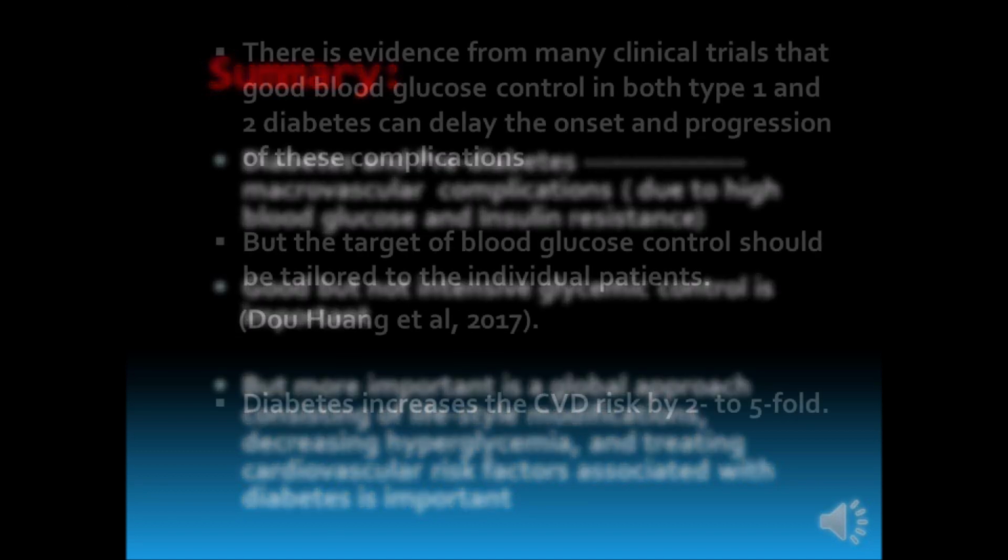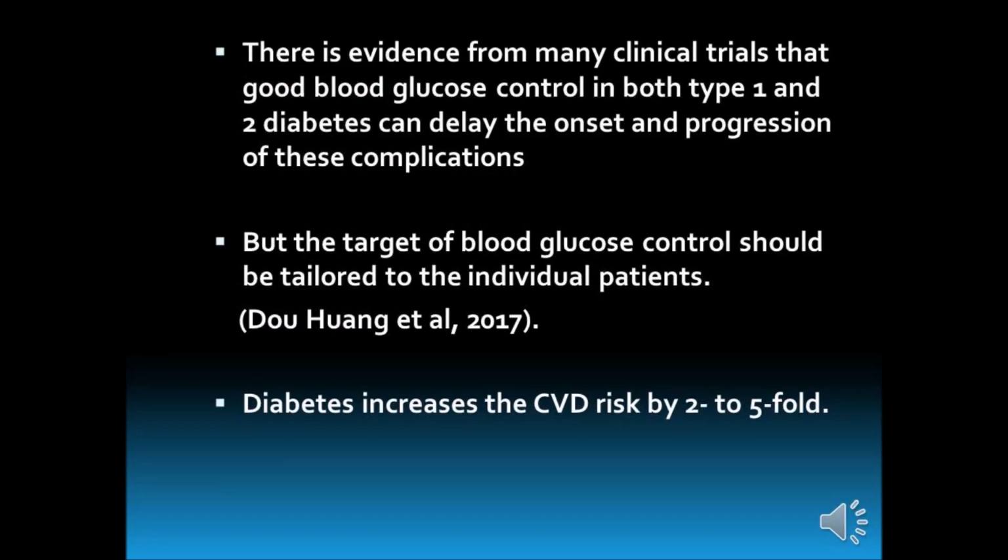And there is evidence from many clinical trials that good blood glucose control in both type 1 and type 2 diabetes can delay the onset and progression of these complications. But the target of blood glucose control should be tailored to the individual patient.